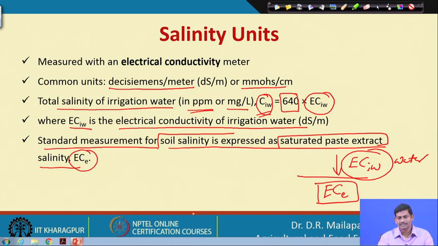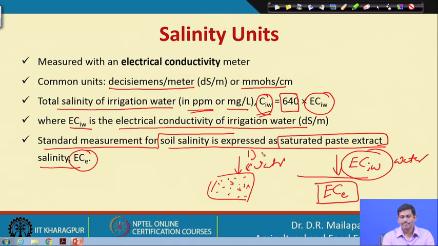You take the soil, add DI water, and make a paste. Leave it for one day, and the next day filter it, and the water coming out of the filter is used to analyze the electrical conductivity. So that is saturated paste extract equivalent.